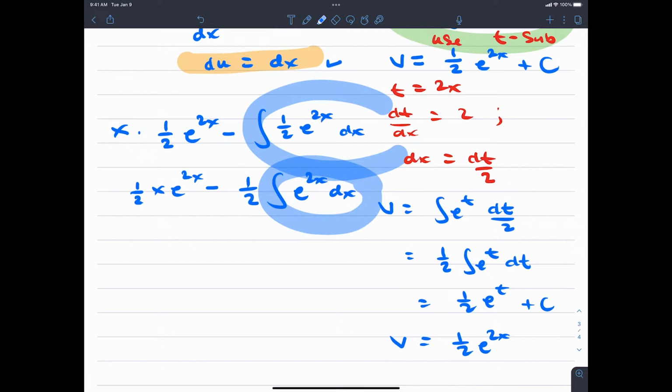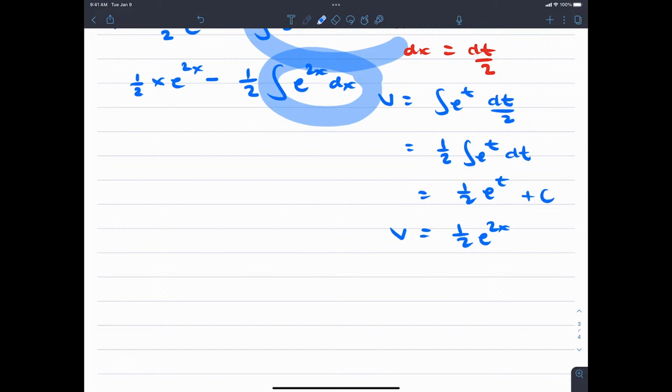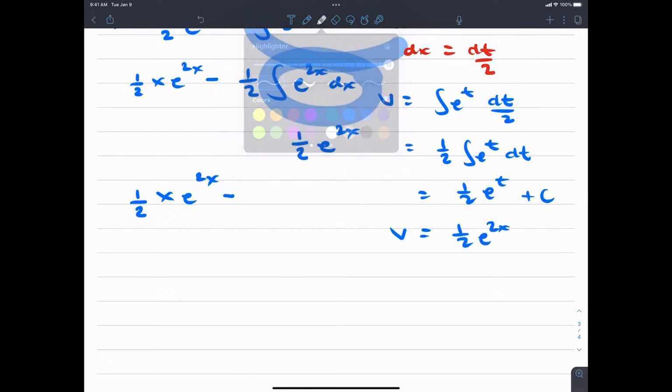Now remember, they assume you already know how to integrate this. What is that integral of e to the 2x? It's 1/2 e to the 2x. Yes, there's going to be a c. But all together, 1/2 x e to the 2x minus, what happens with these two constants?